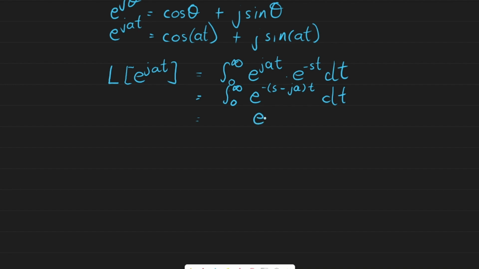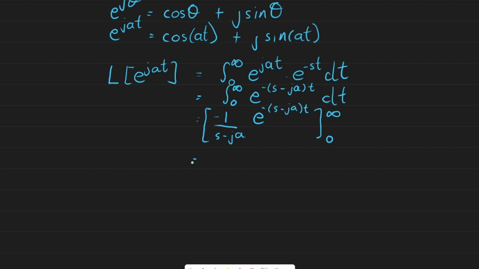When I do, the exponent remains the same, s minus ja times t, and I account for the inner function, so I have minus 1 over s minus ja. And this is integrated from 0 to infinity.